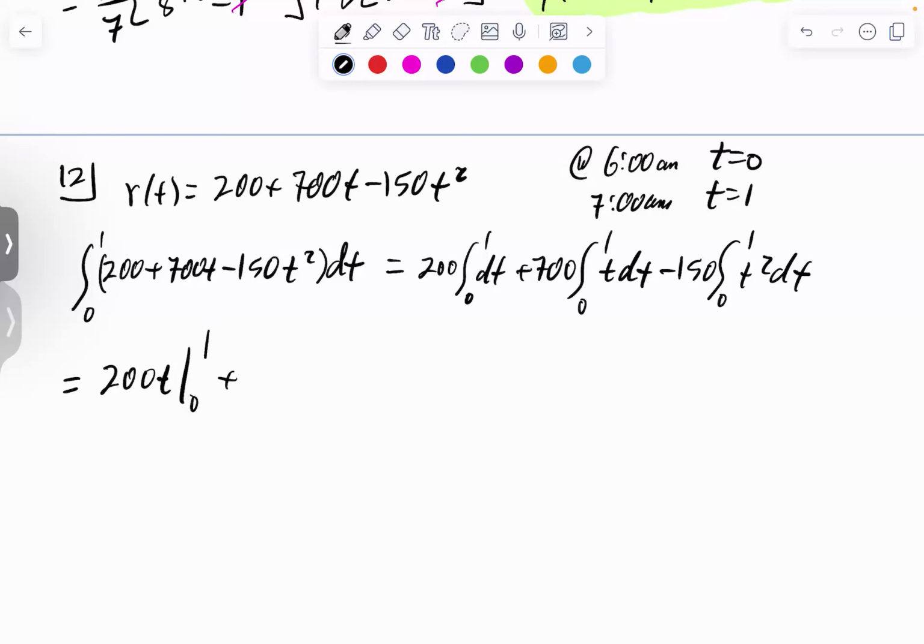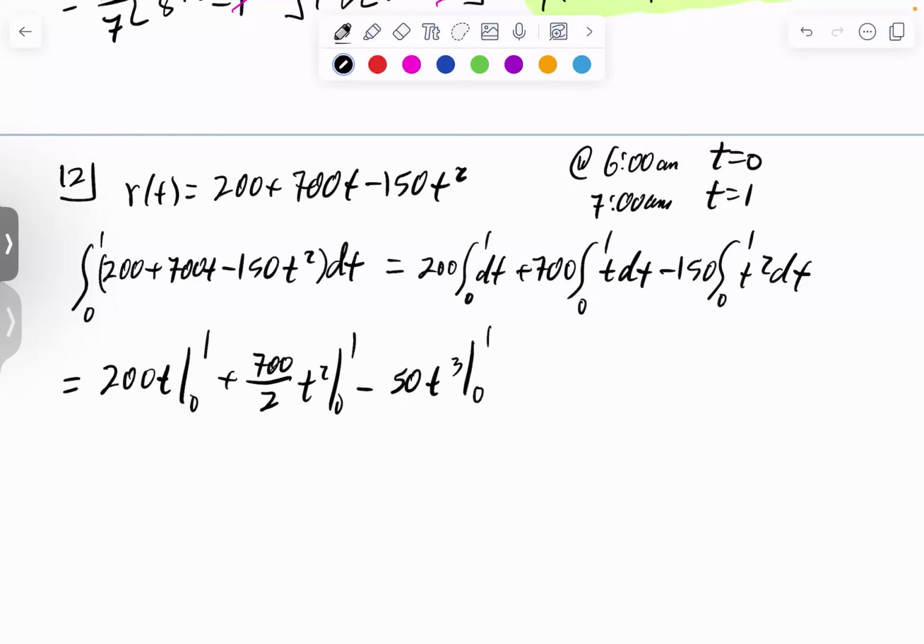Plus now 700, and then the integral of t is going to be 1 half t squared. So this is going to be 700 halves t squared from 0 to 1. Now, the integral of t squared is going to give me 1/3. 1/3 of 150 is 50. T to the third from 0 to 1.